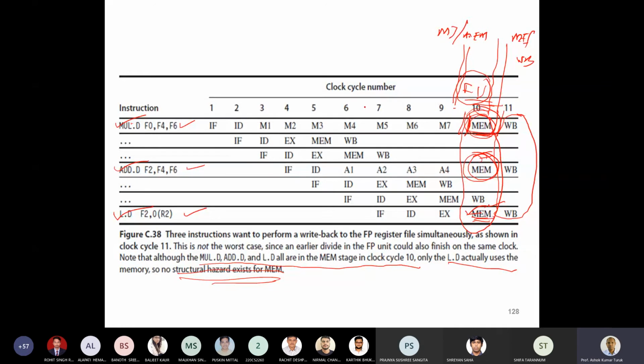For a multiplier instruction, no memory operation is to be done, so all the contents of this pipeline register are copied from here to here in the 10th clock cycle. From here also, in the 10th clock cycle, they are copied from here to here. So it is done.